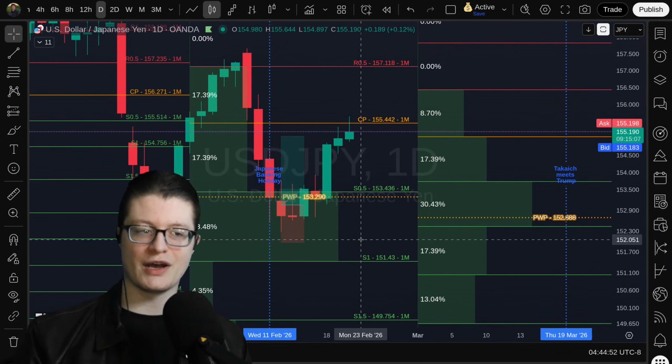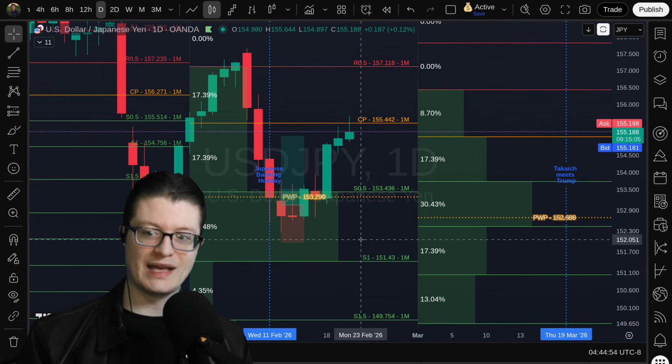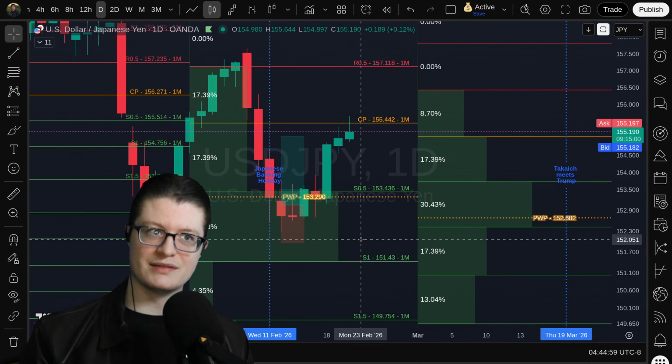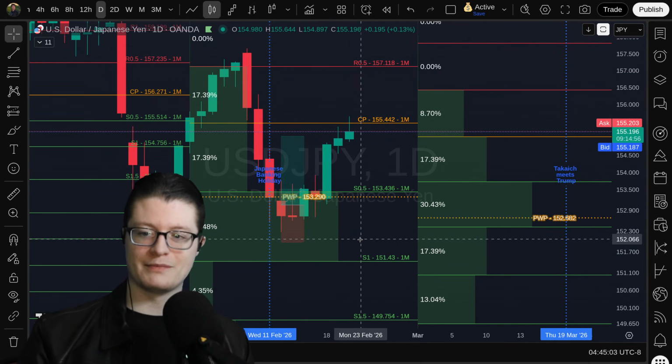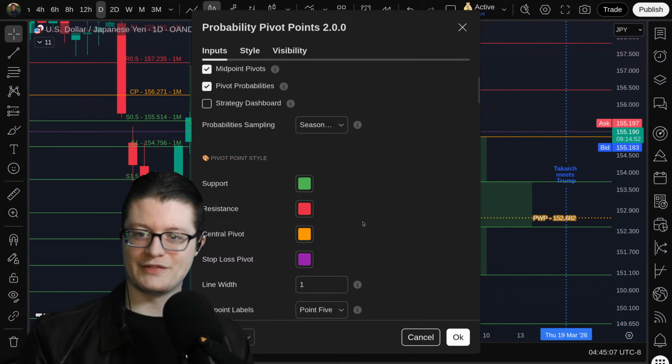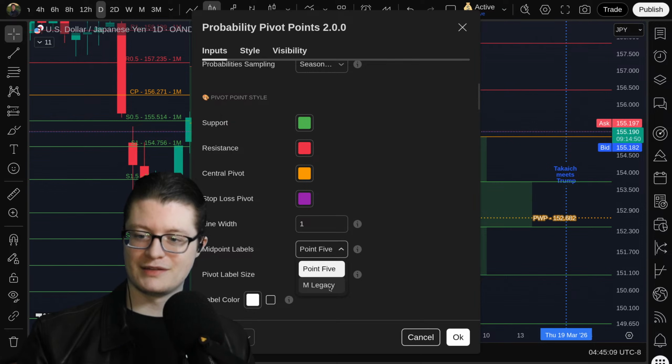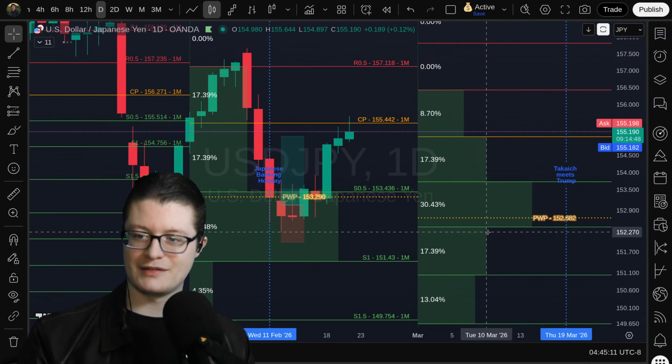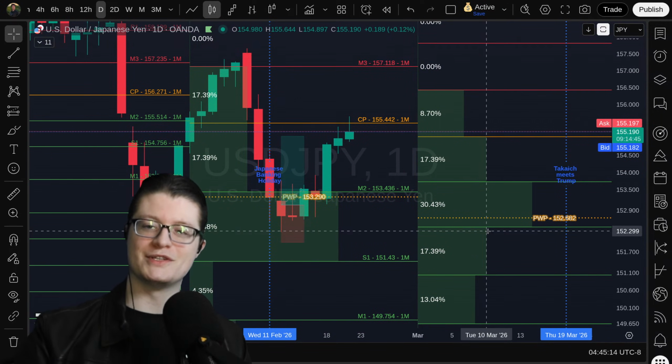And of course, there are other pivot point midpoint label styles. I believe this is, it's got to be M3. Let's see here, if I haven't forgotten my midpoint styles. So M Legacy? No, it's M2.